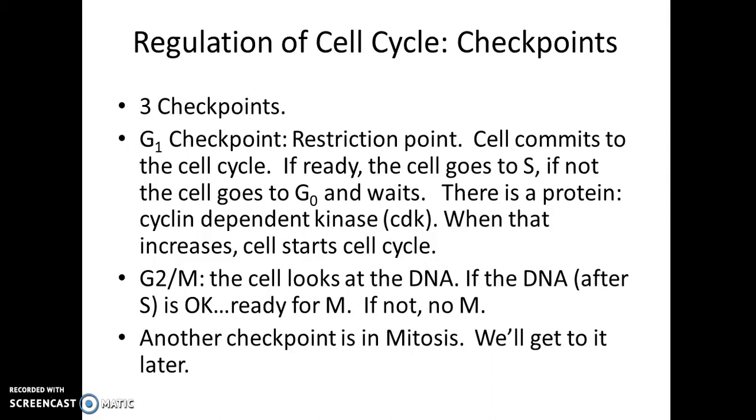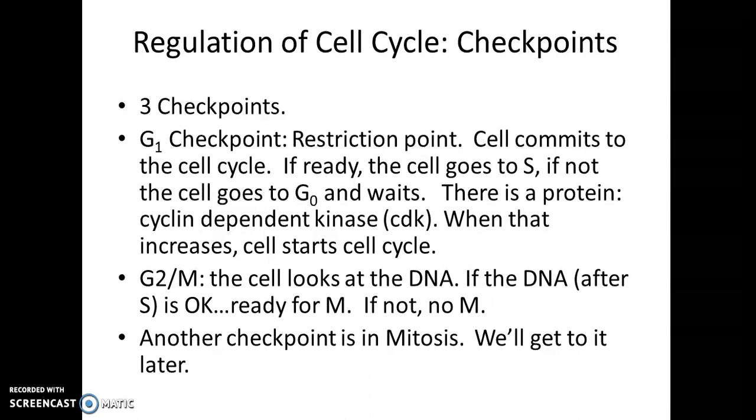So if it's ready to go into S, it will just go right into S. Now, if it's not ready to go to S, it will enter something known as G0, and it will wait and wait. When the protein cyclin-dependent kinase, or CDK, increases in the G1 stage, then the cell will commit to the cell cycle.